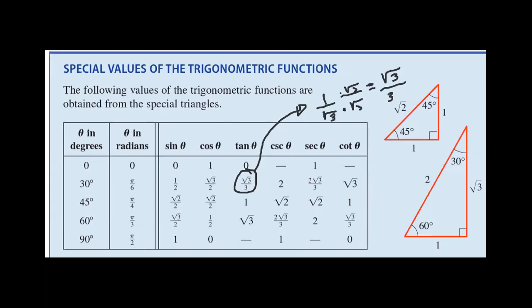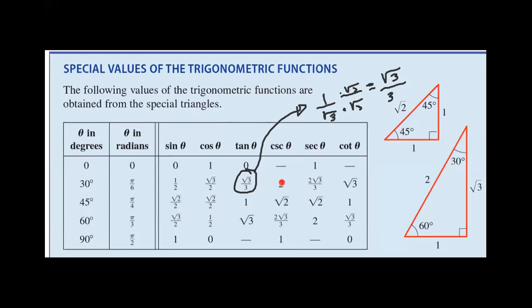This value is actually like 1, and if we multiply anything by 1, it's the same thing. So 1 over square root of 3 is the same as square root of 3 over 3.